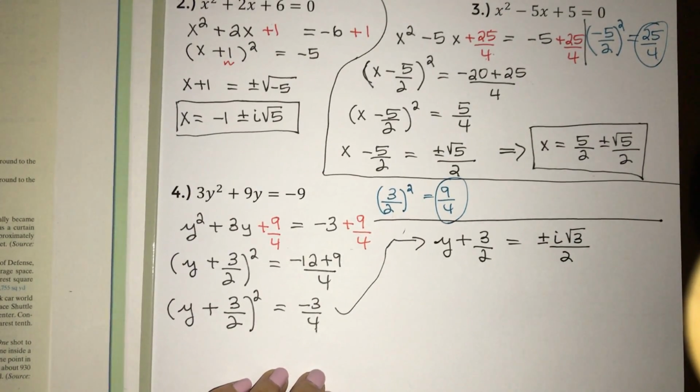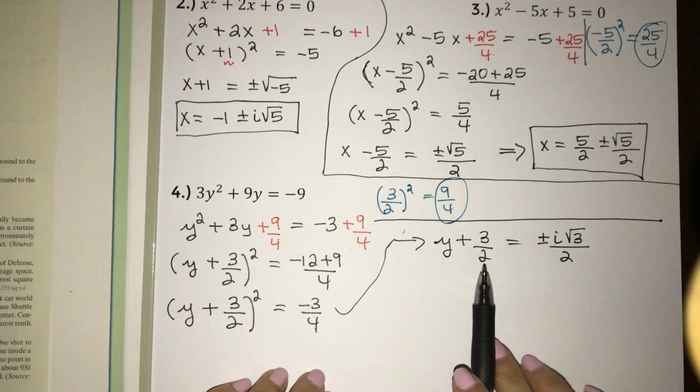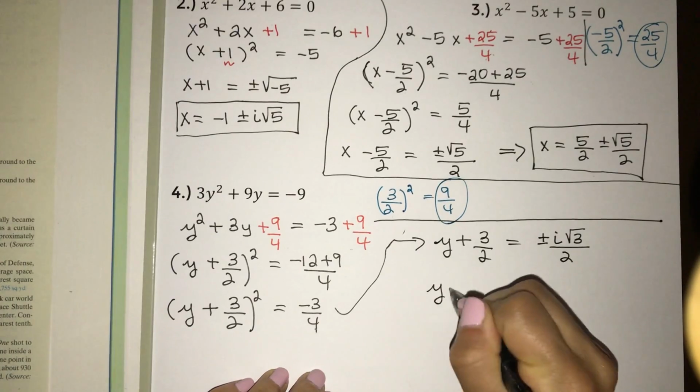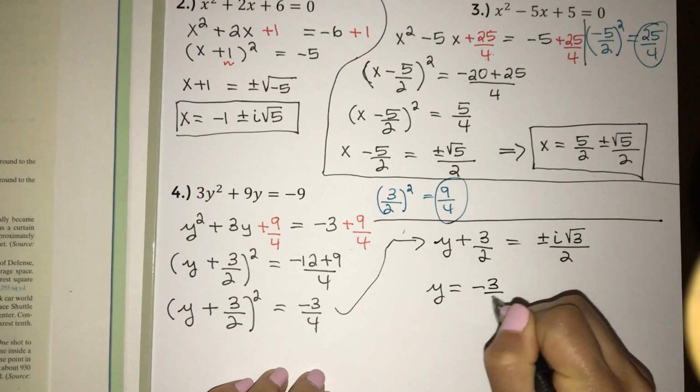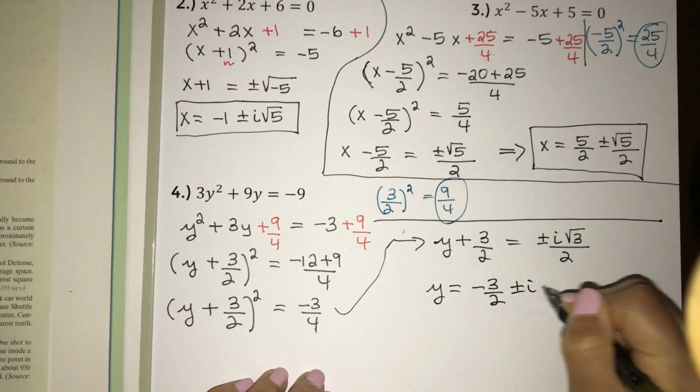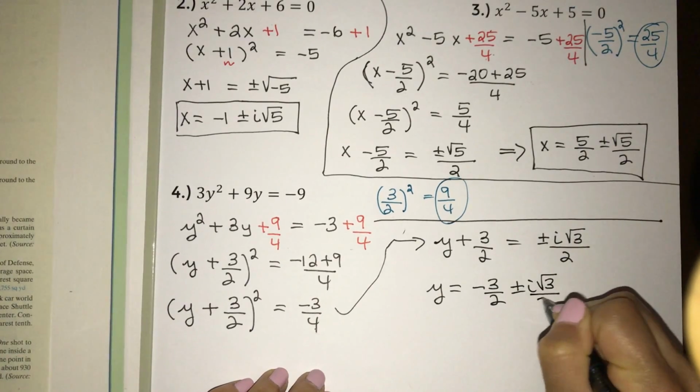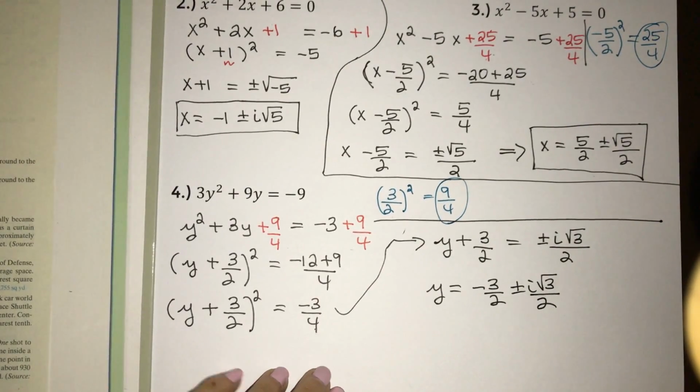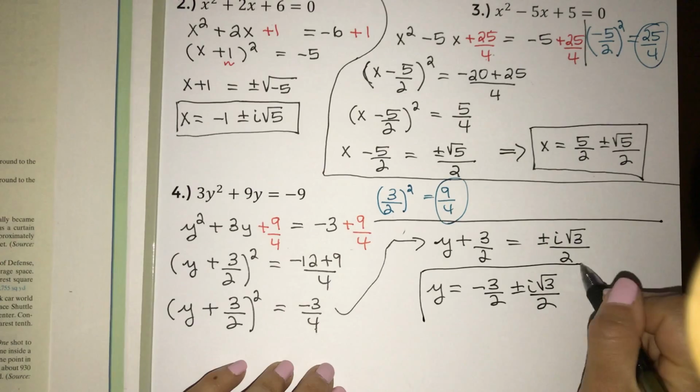We have that, and then from there I just need to solve for y, subtract 3 over 2. And that is your solution.